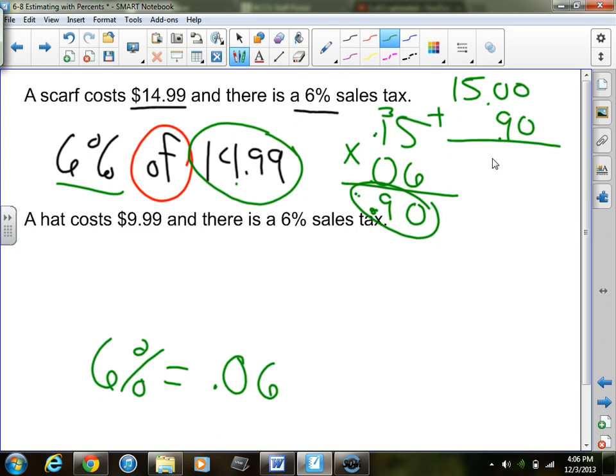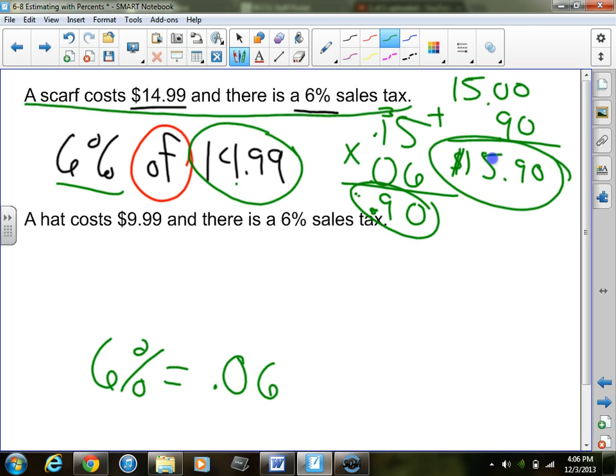Alright, so $15 plus 90 cents is going to be $15.90. And so you see my estimated cost with sales tax, right here, is going to be $15.90.